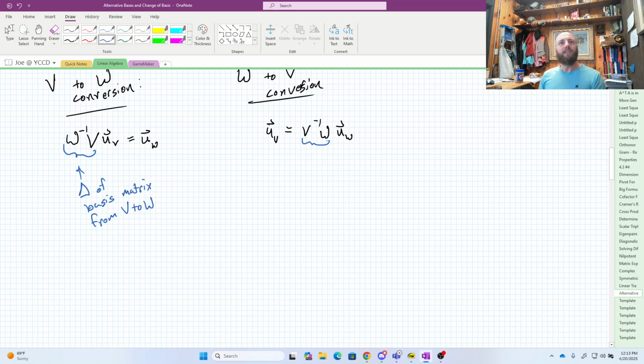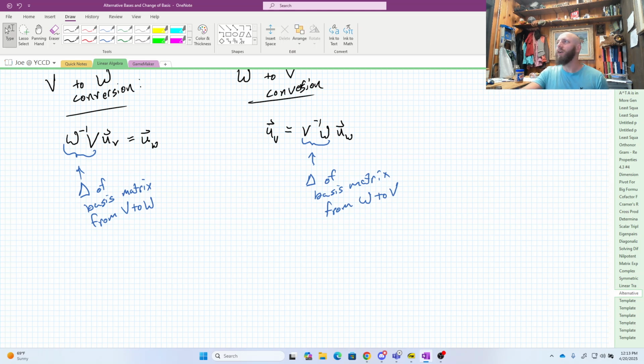Here, this is the change of basis matrix from W to V. So it is a little confusing, the kind of backwards feeling. You just really have to actually put this in your head.